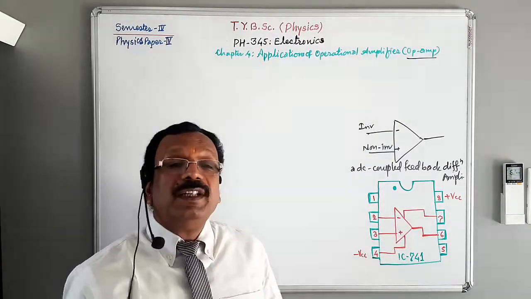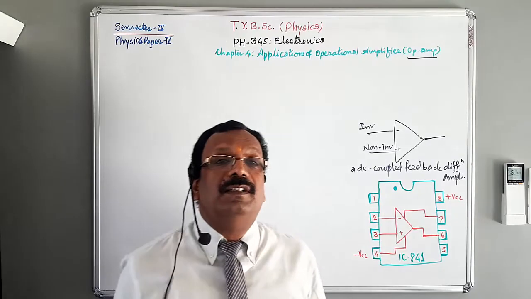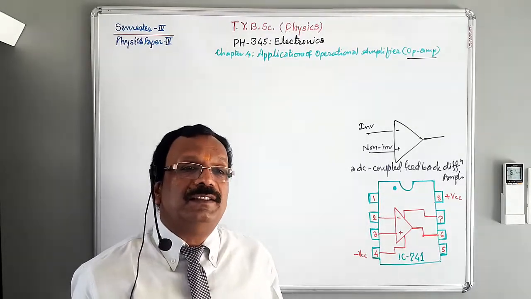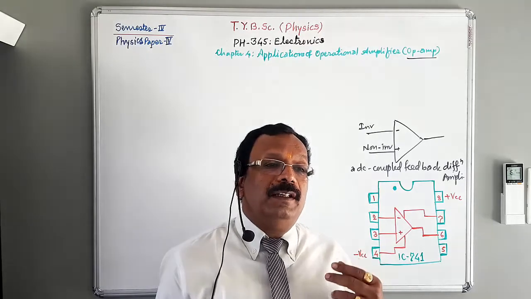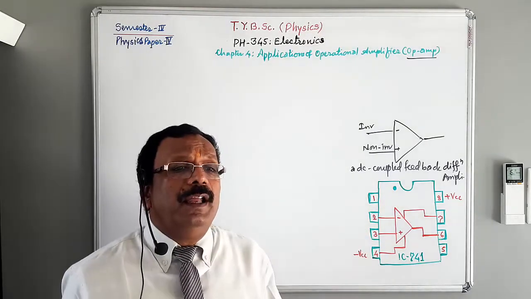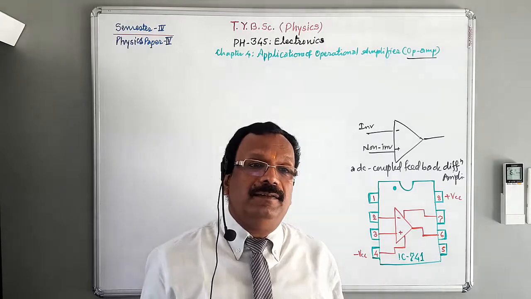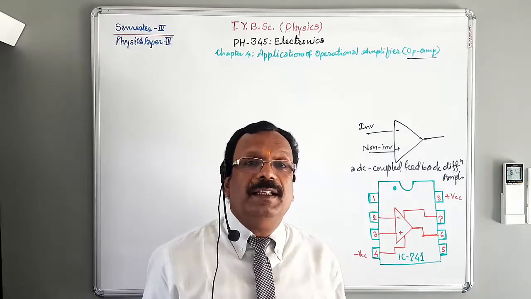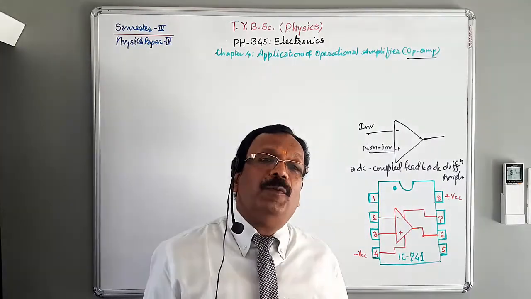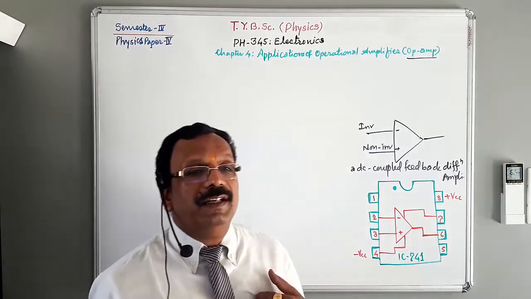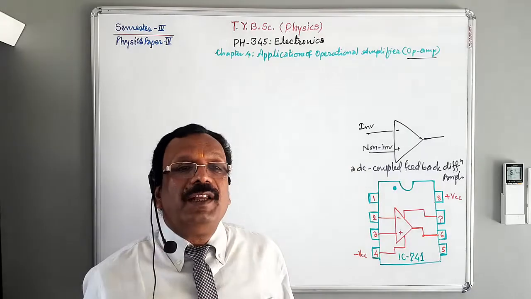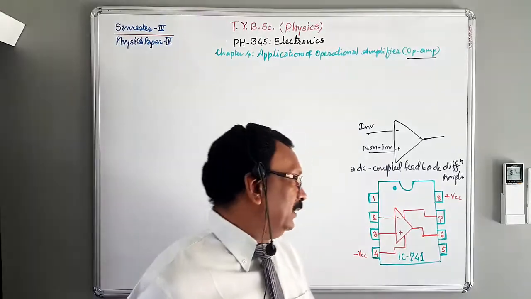Now we also studied some important parameters or characteristics in SYBSc. Remember that an OpAmp has very high gain, that is, an ideal OpAmp has infinite gain. It also has high input impedance.